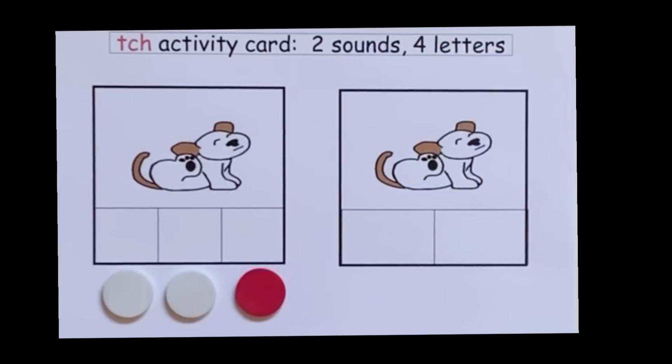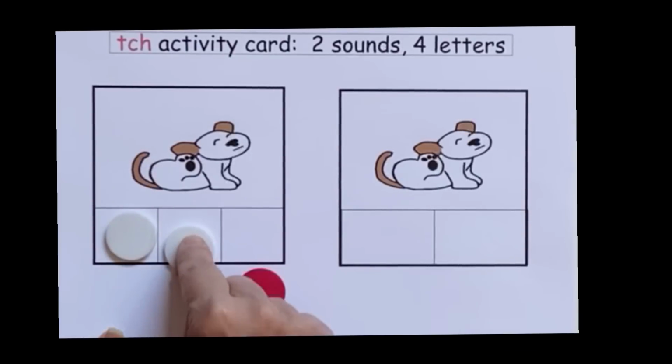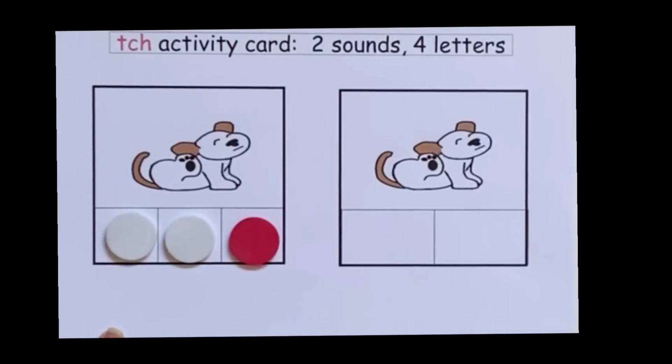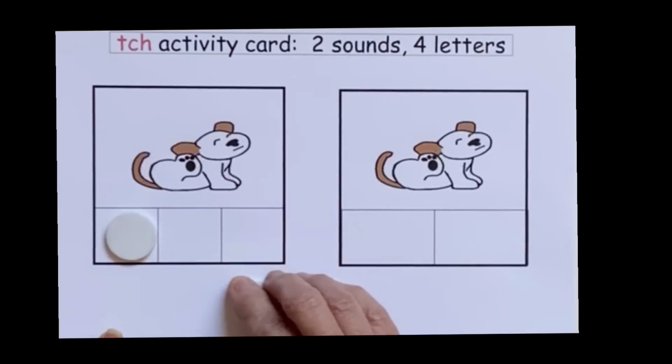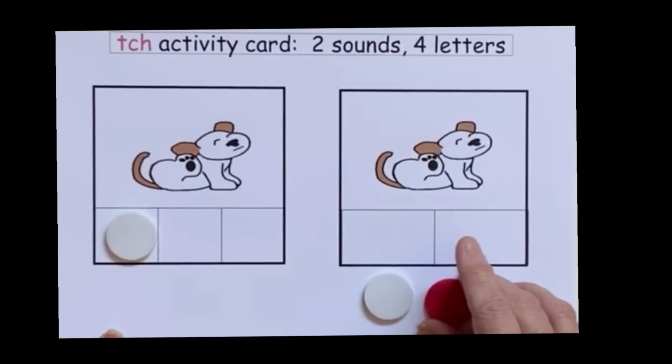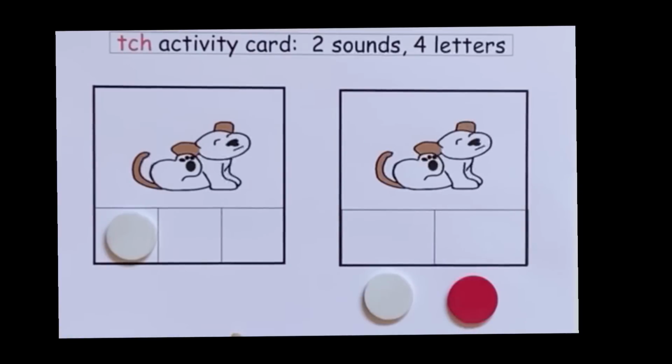So when kids learned the word itch in our last video, they went it, ch. So that made 3 sounds. But as we advance to the 3-letter digraph, TCH, they will now go itch.